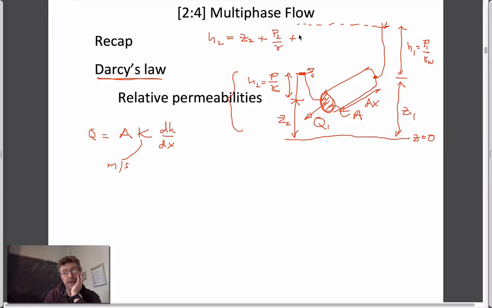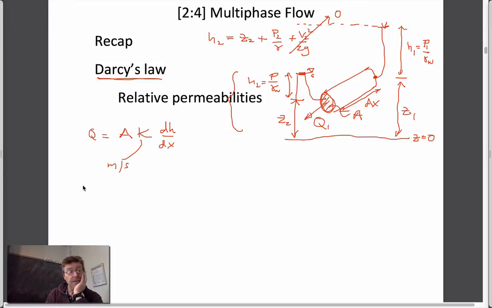And we could also write the velocity squared term over 2g, but usually this velocity term is so infinitesimally small that we don't care about it, we throw it away. And so we just work with those other two. And so that allows us to say exactly what the flow rates through the systems are.